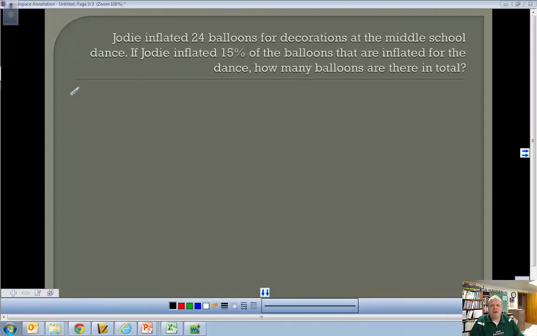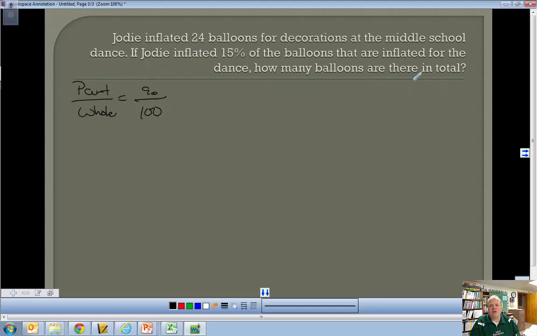We're going to start with the percent proportion, where I said the part over my whole equals my percent over 100. And let's see if we can fill some of this in. It says Jody inflated 24 balloons for the decorations at the middle school dance. If Jody inflated 15% of the balloons that are inflated for the dance, how many balloons are there in total?